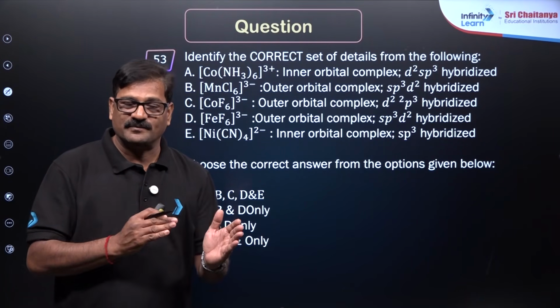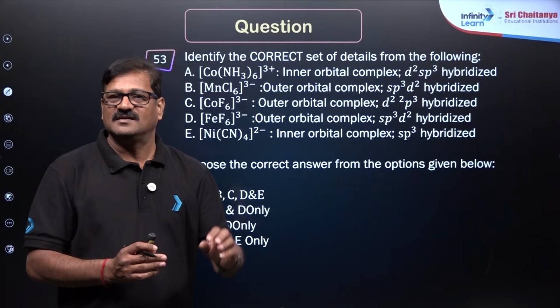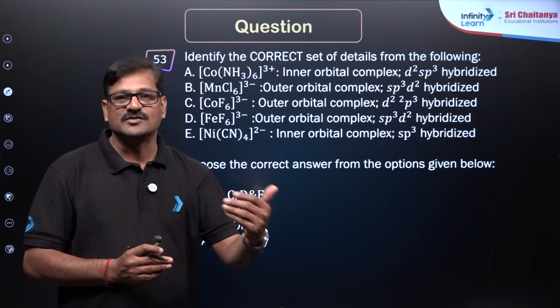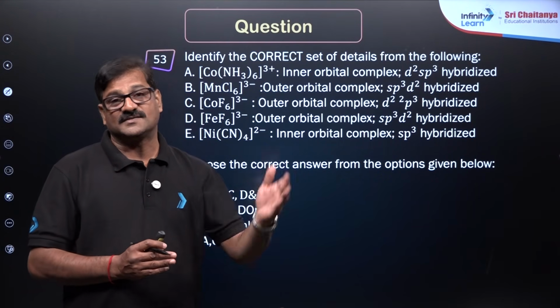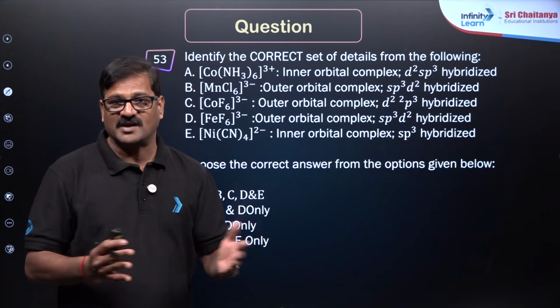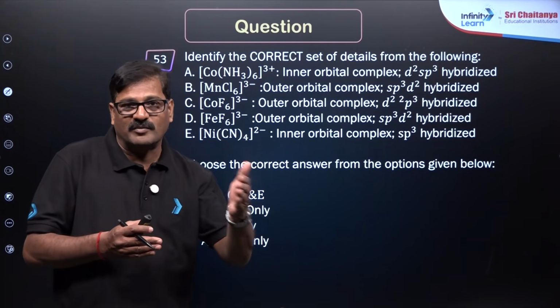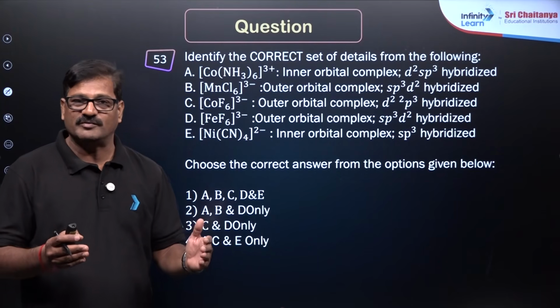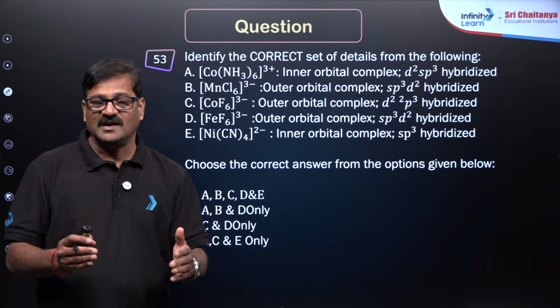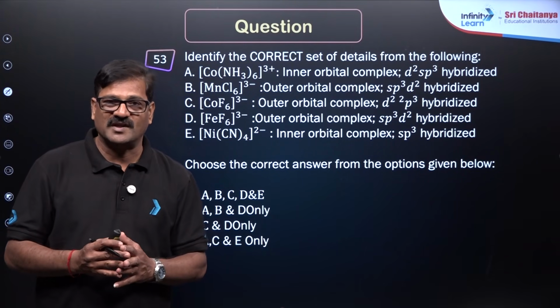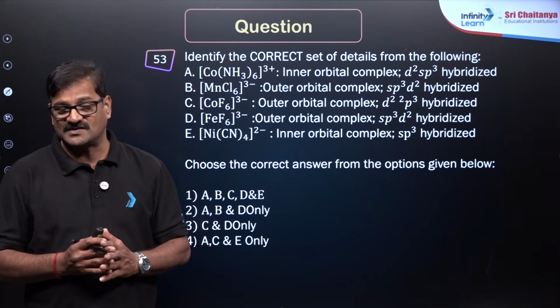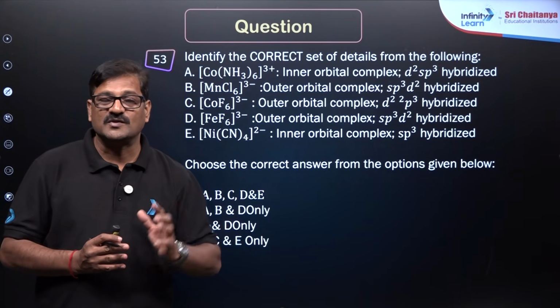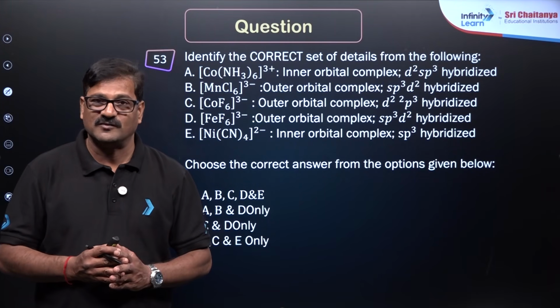Generally, halogens are the weak ligands. But strong ligands like ammonia and cyanides use inner orbitals. In that case, d2sp3 is the hybridization for coordination number 6, and dsp2 is for coordination number 4.